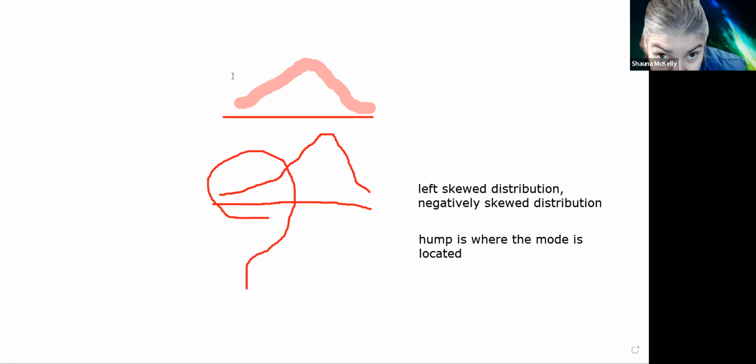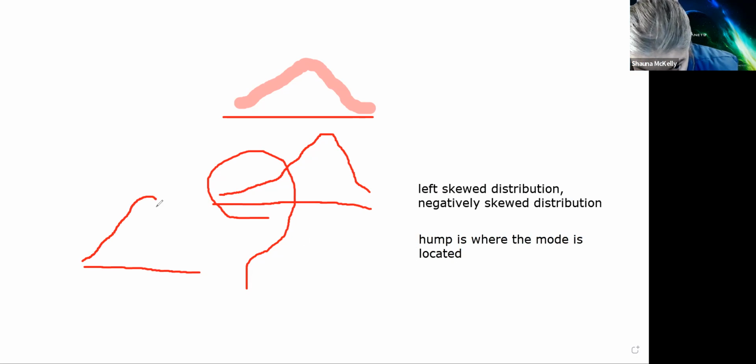So if you had a situation where you were talking about, let's say I drew this picture. Here I draw my hump and it's way down here.